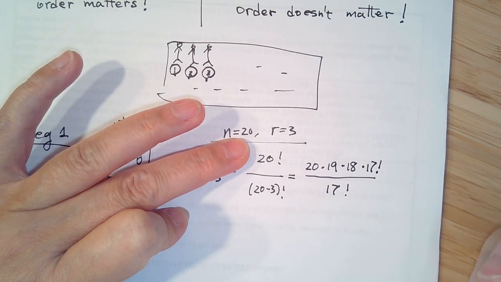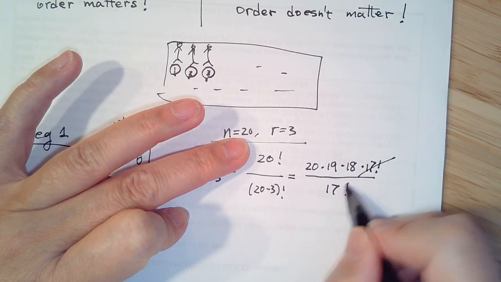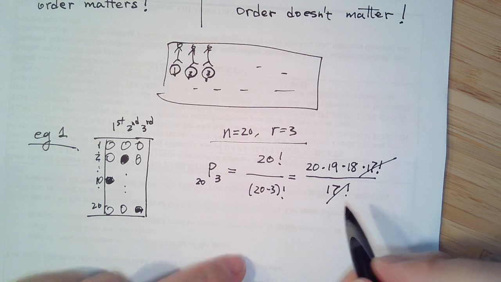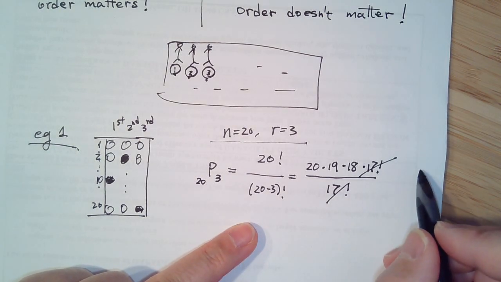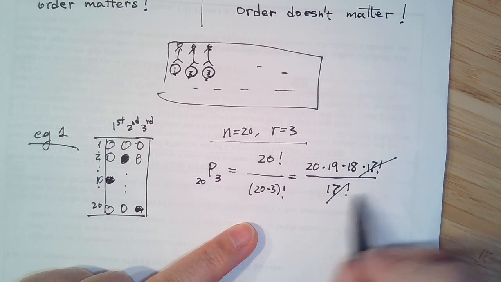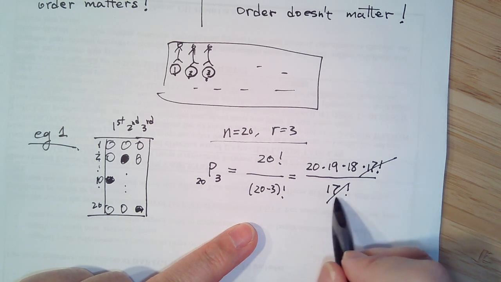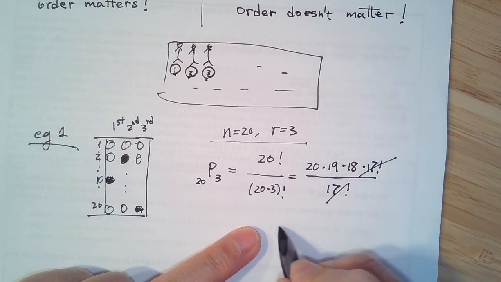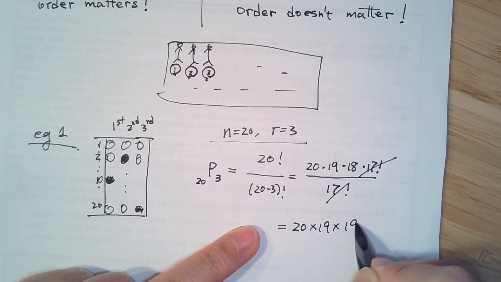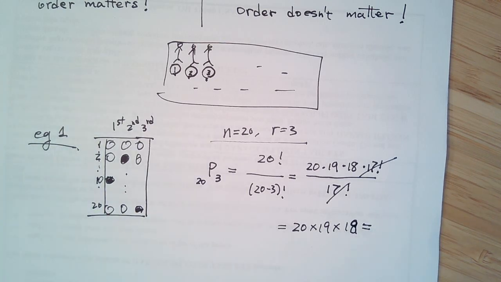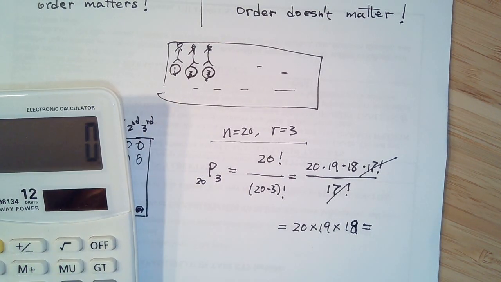I just need to write a 17 factorial because I can cancel them. Even if you write 17 times 16 times 15 all the way to 3, 2, 1, you're going to cancel that with the denominator too, because the denominator is also 17 by 16 by 15 all the way down. So your answer here will be 20 times 19 times 18. That will be much, much easier to get the answer.